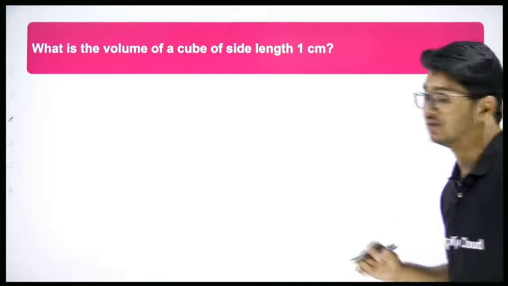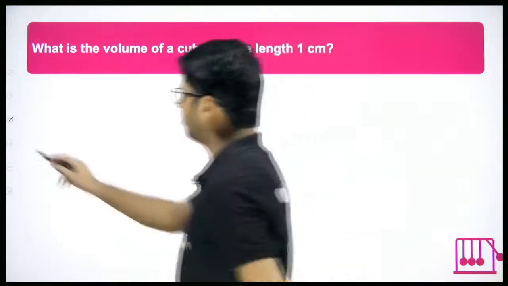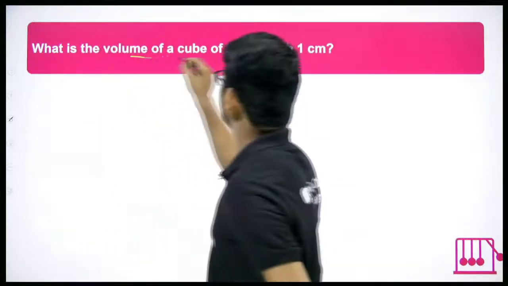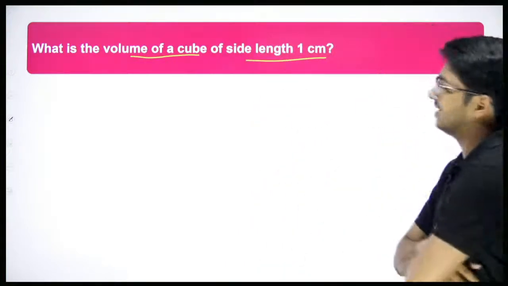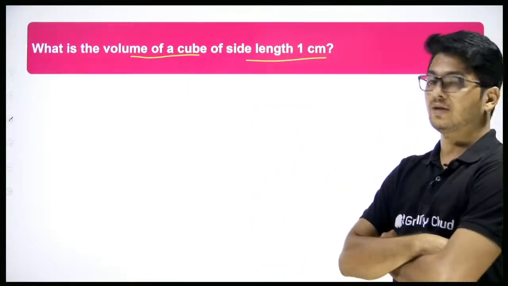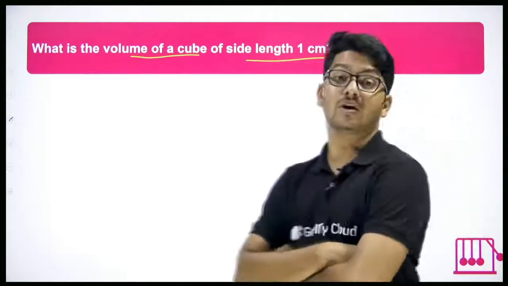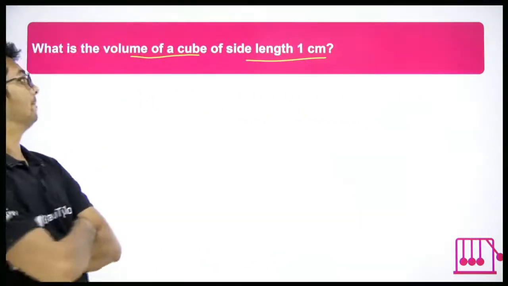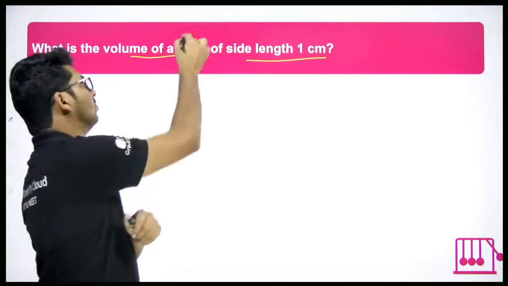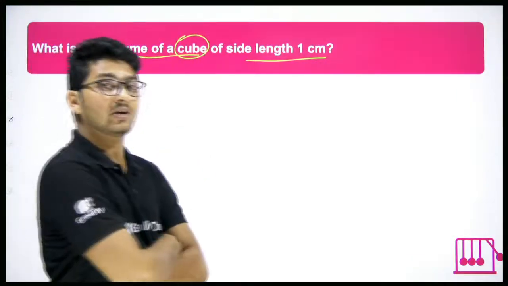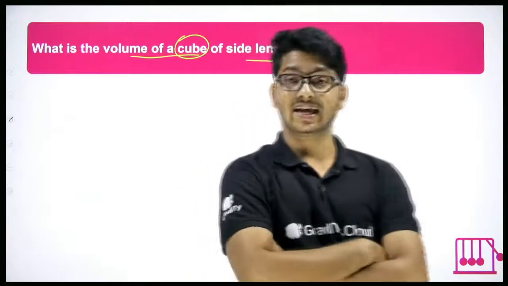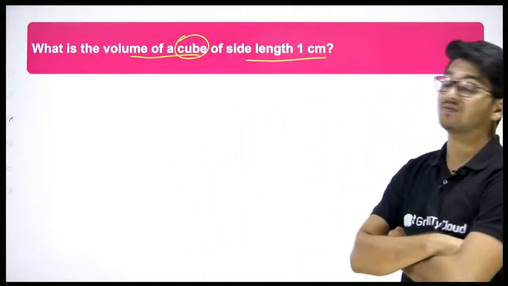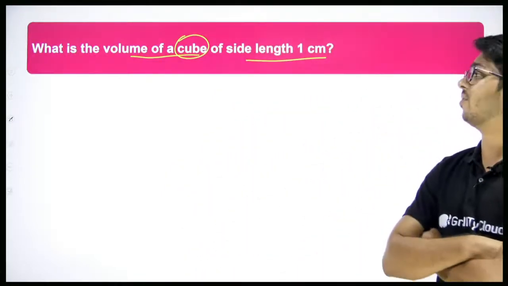Let's go into a simple question then. What is the volume of a cube of side length 1 centimeter? The side length is 1 centimeter, then what is the volume of the cube? Everyone try solving it. We are talking about a cube, not any other body.